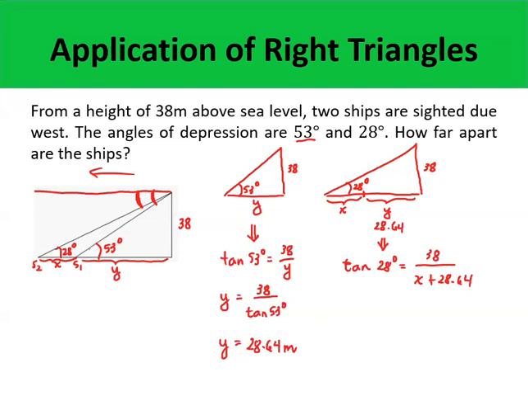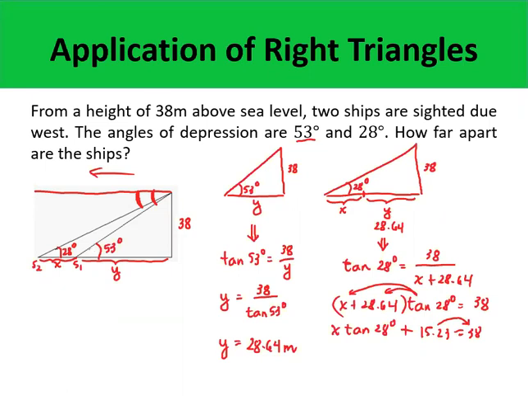So if we want to solve for x, we multiply both sides by x plus 28.64, and that gives us x plus 28.64 multiplied by tangent 28 degrees is equal to 38. And then distributing the tangent, we get x times tangent of 28 degrees plus 28.64 multiplied by tangent of 28 degrees, which is 15.23, equals 38.